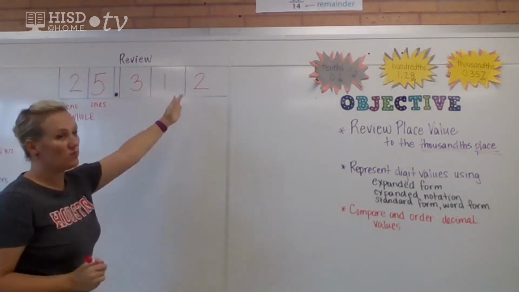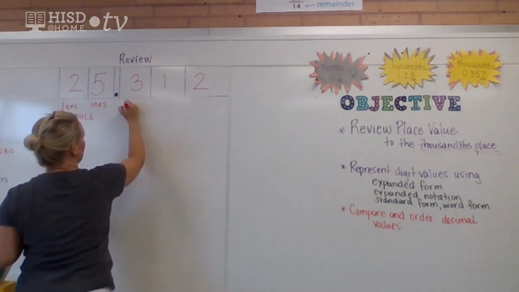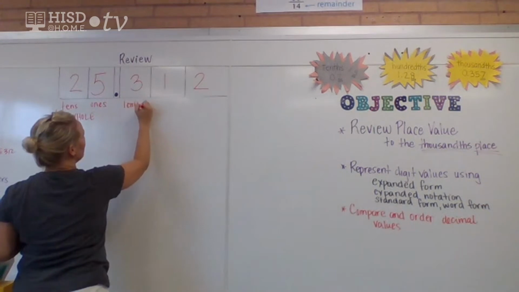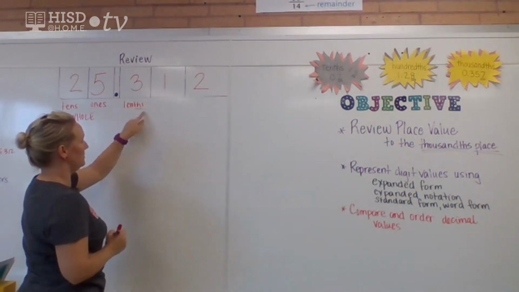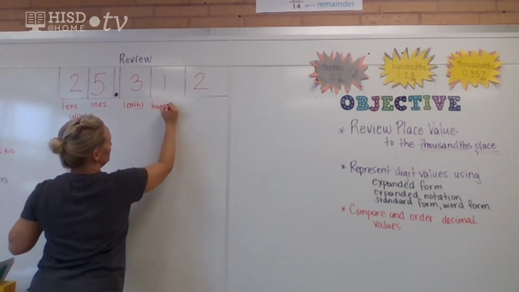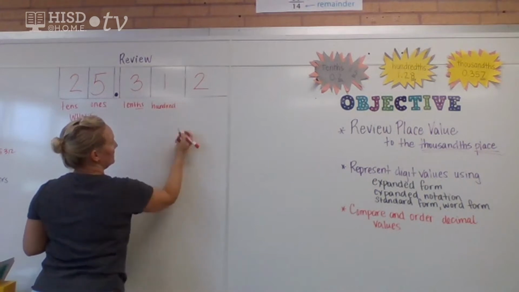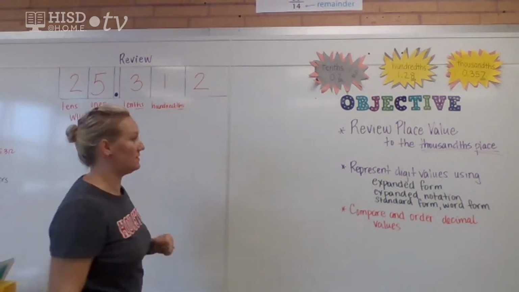And once we move to the right side of the decimal, the numbers start getting smaller. This is the tenths place. Remember, we had to add that THS, tenths. One more over is hundredths. So you can just write 100 and then add THS, hundredths, and that symbolizes that it's getting smaller.